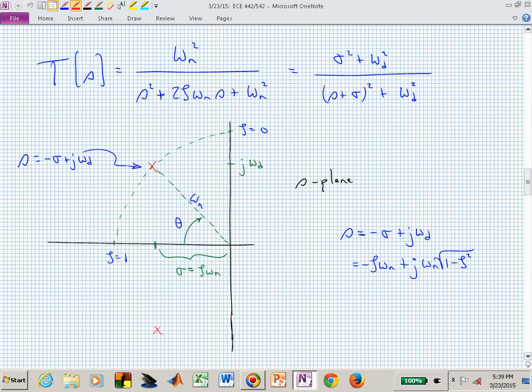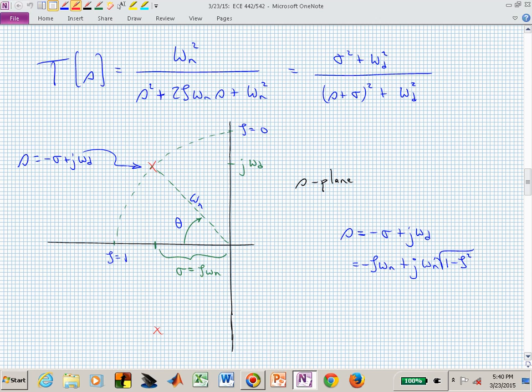The angle that that pole makes with the horizontal axis, we can call theta, and that's not the same theta as our theta sub d that we've talked about in the z-plane. Don't get those thetas mixed up. They're different. That's why I've tried to make that theta sub d have that subscript d to distinguish between those thetas.